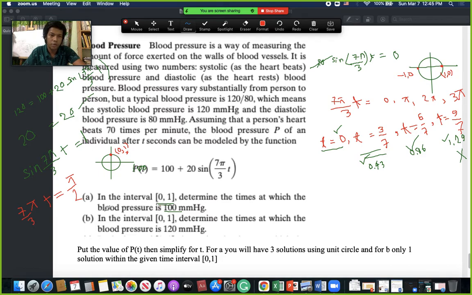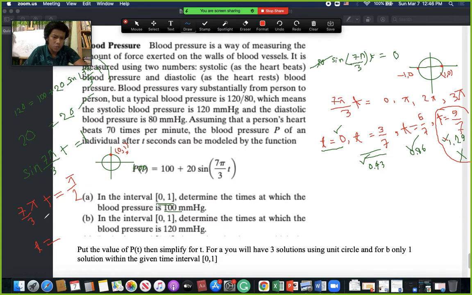You can try it. This value is not our answer. The next value would be pi by 2 plus 2 pi. If you want, I can show that also.